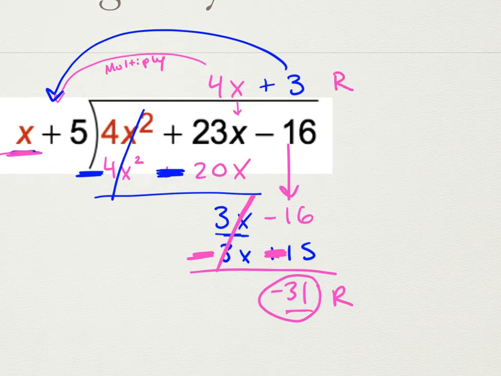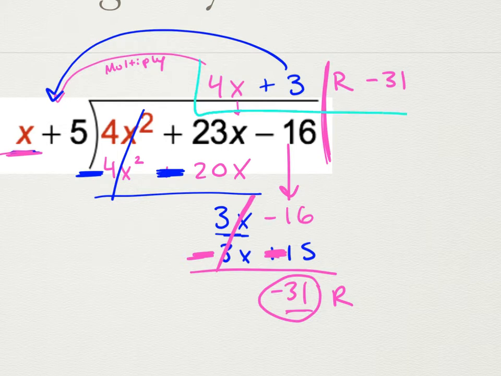What's the remainder? Negative 31. So once we run out of things to put on top here, whatever we get last is our remainder. So this is our answer.